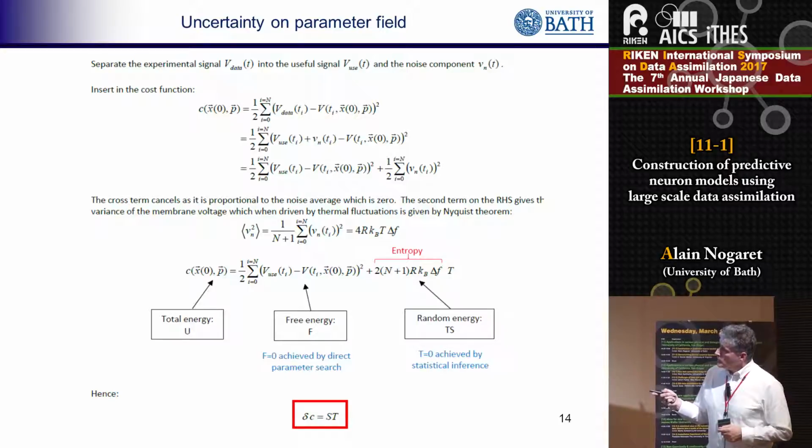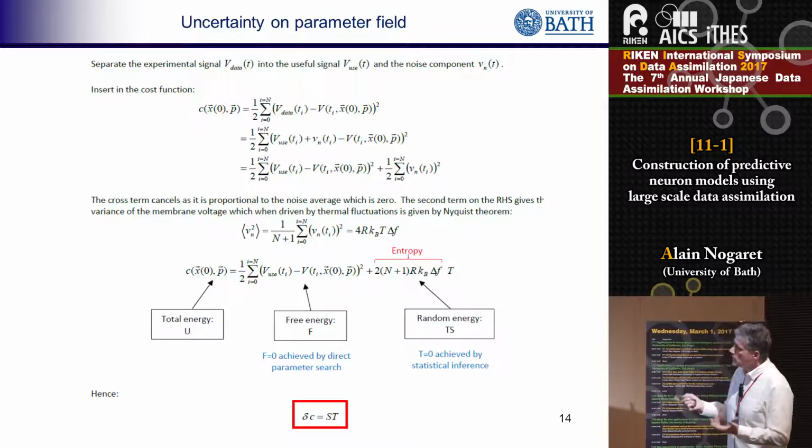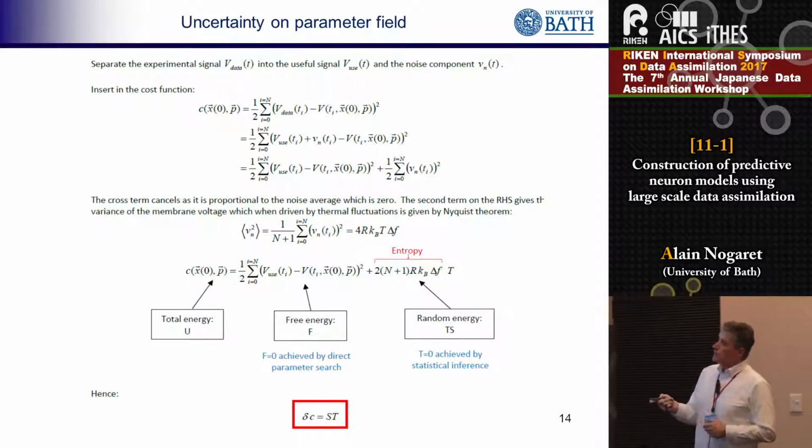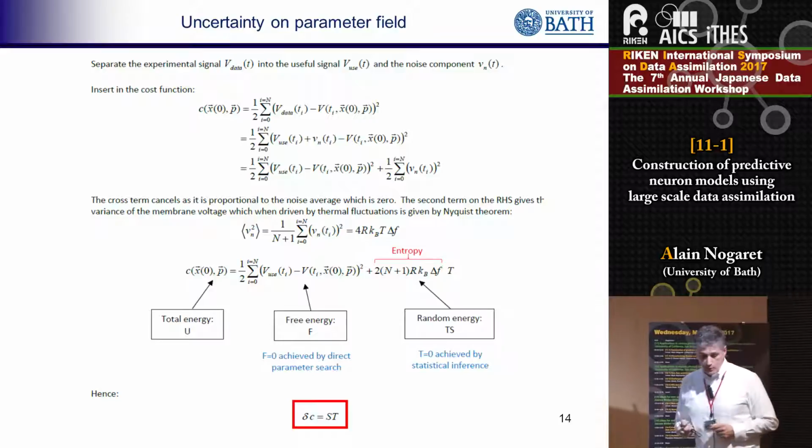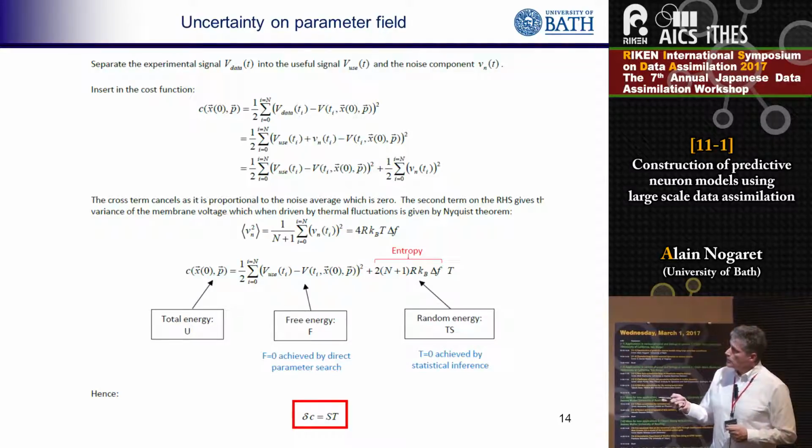If you replace this sum in there, then you find that your cost function is equal to a cost function that now depends on the useful signal. We call that the free energy. And then you have an additional term which is proportional to T, and the coefficient of proportionality is the entropy of the noise signal. It's quite nice because you fall back on the equations of thermodynamics: the total energy of the system, the cost function, and the free energy.